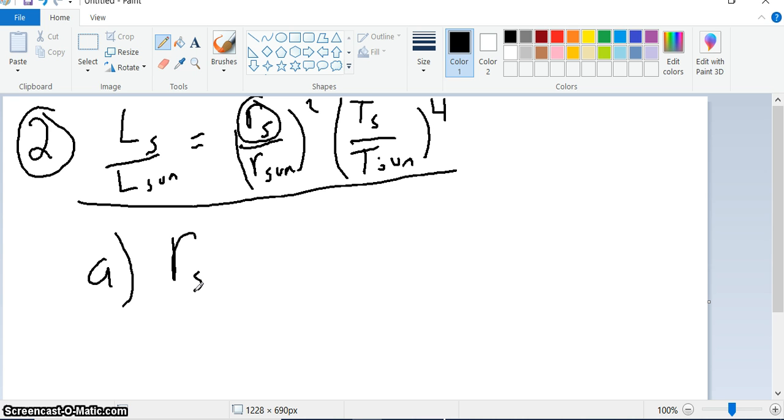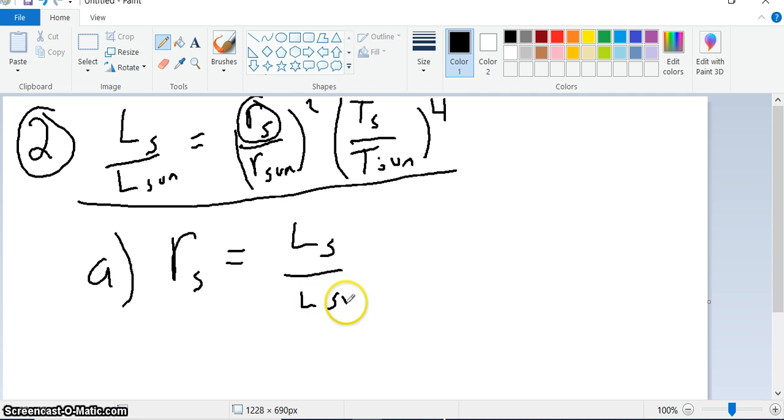If you put the other stuff on the other side, this is equal to the luminosity of the star divided by the luminosity of our sun.